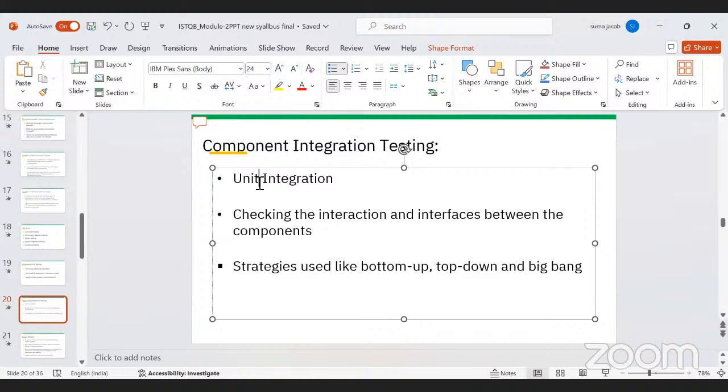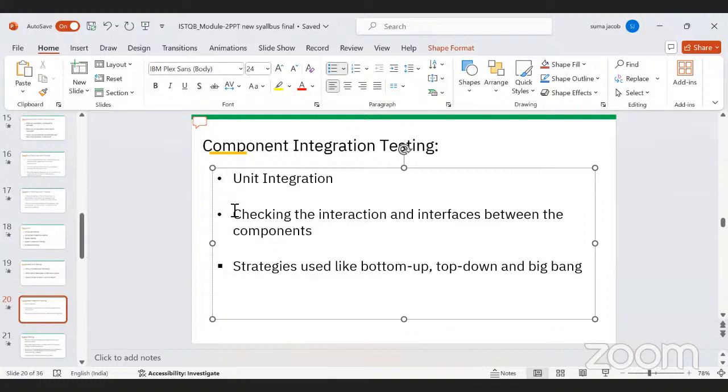Now what we do is we integrate these two components together and check the interactions and interfaces between these components. So here, when you do component integration testing, we are not actually worried about the individual functionality of component A or component B. All we are checking is, once these two different components are integrated, whether the interaction or the interface between these two components is correct or not. That is the validation being done in component integration testing.